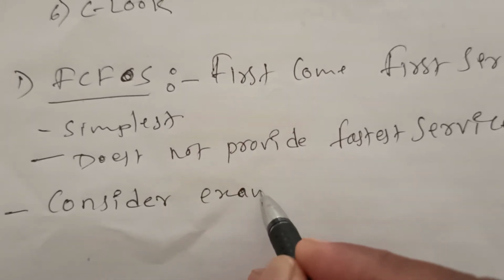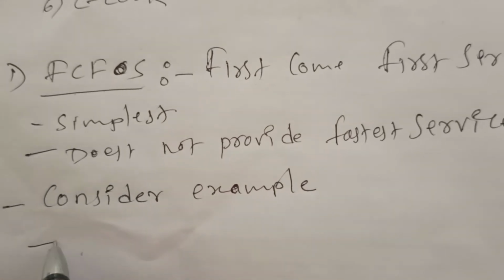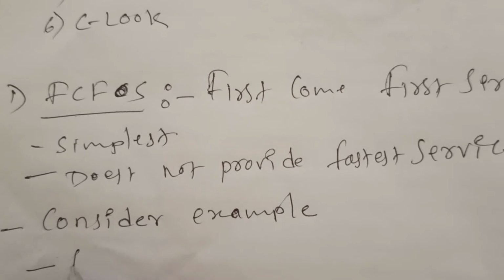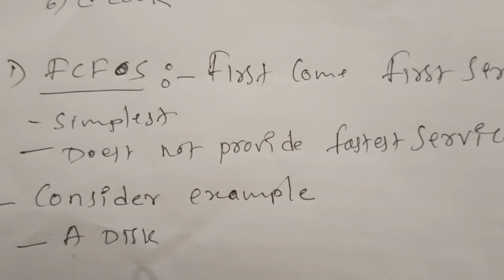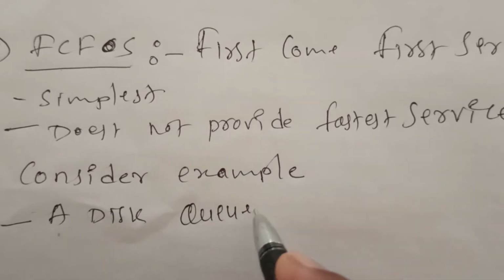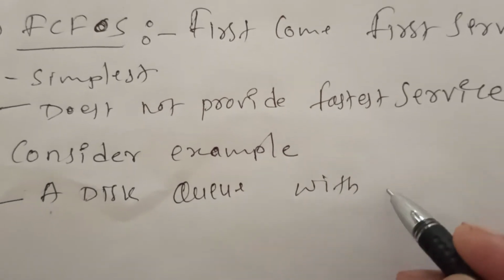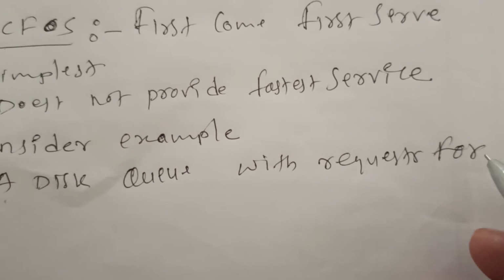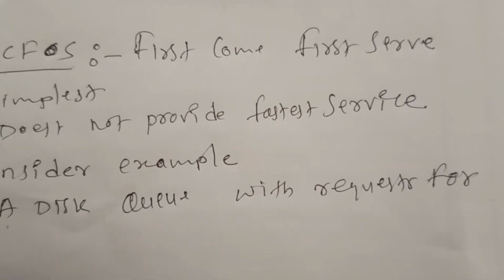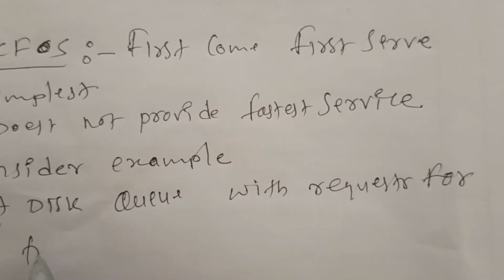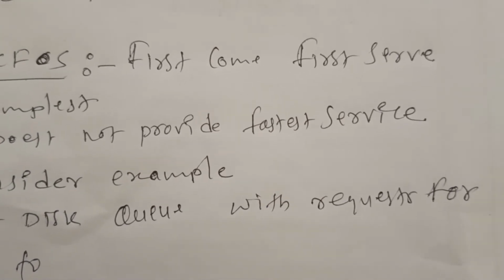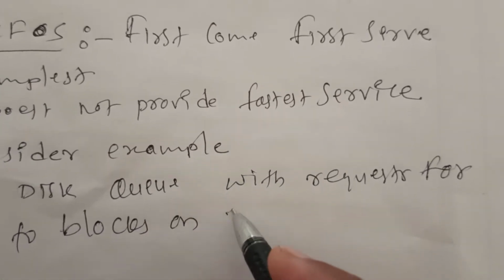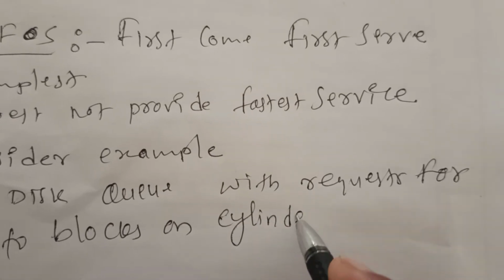We will take a disk queue with requests for IO to blocks on cylinders.